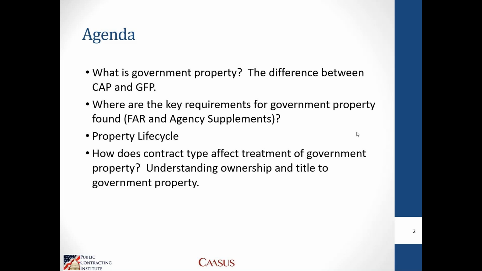We're going to talk about the key elements that are in the FAR regarding property management and the requirements for contractors and the government. We'll address the government property life cycle, and we'll also talk about the different treatment of government property based on contract type, talking about title and also transfer of government property.